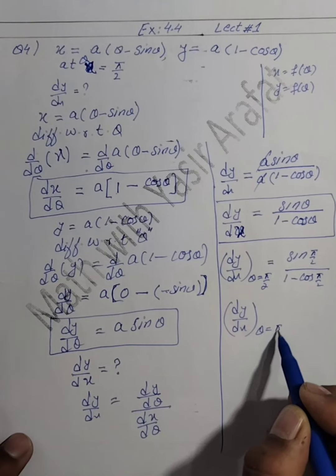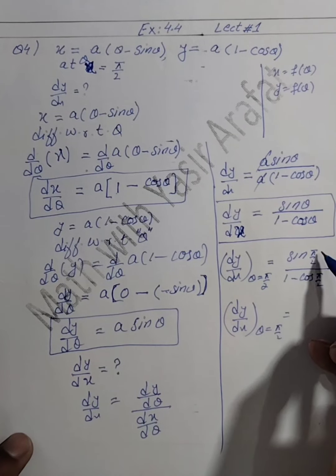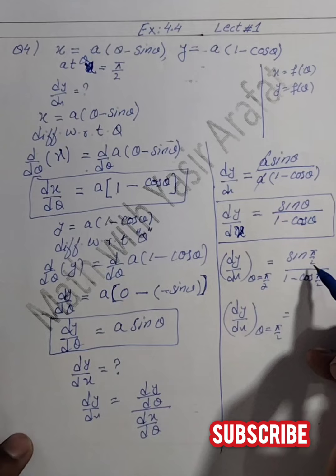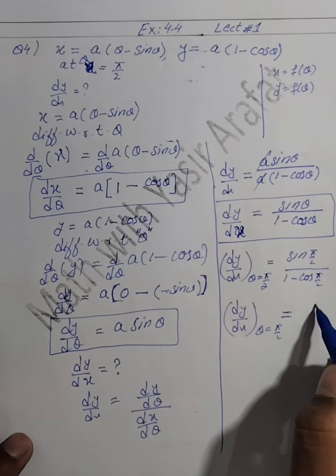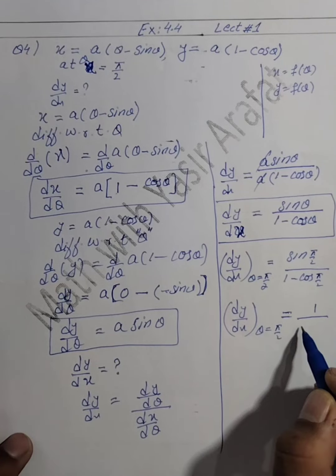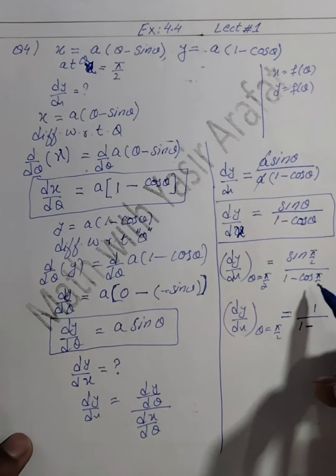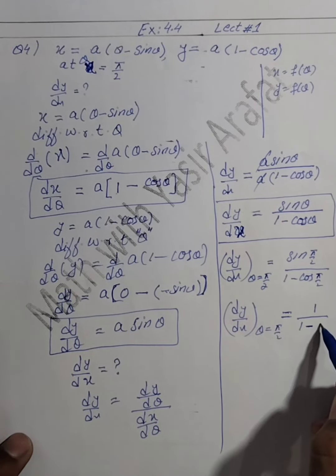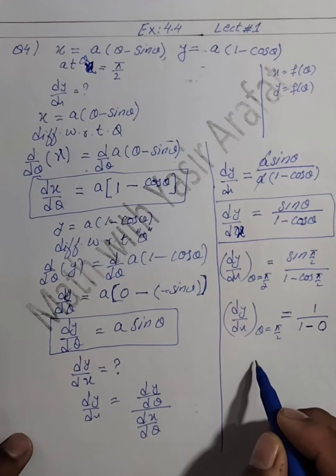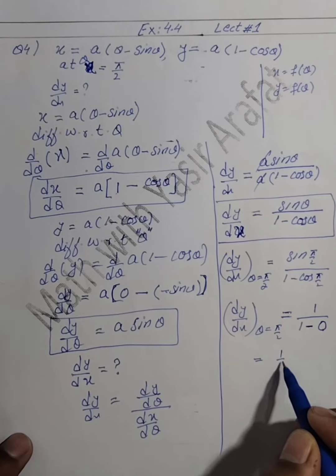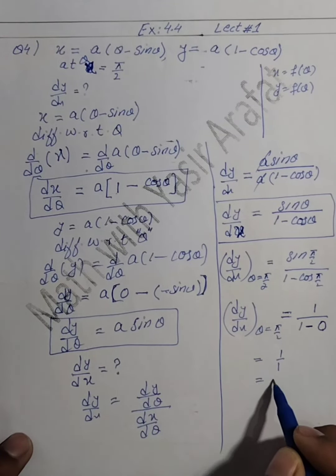At theta equals pi over 2: pi means 180, 180 upon 2 means 90. So the value of sine 90 is 1, and the value of cos 90 is 0. Therefore this is 1 over 1, which is 1.